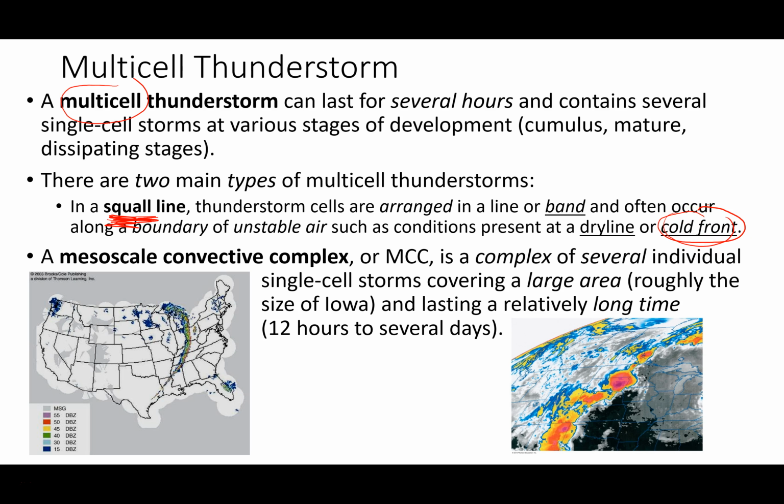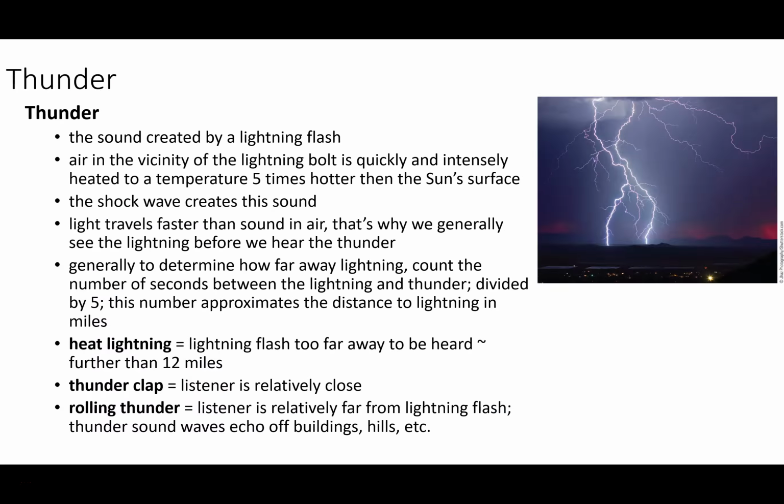If this is a cold front, I'll put triangles here, they would be blue. That is causing a lifting mechanism, and if the air is moist, it can be unstable such that we can get this band of thunderstorms we call a squall line of thunderstorms.